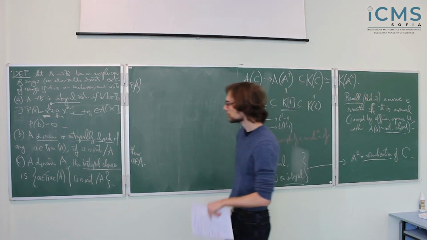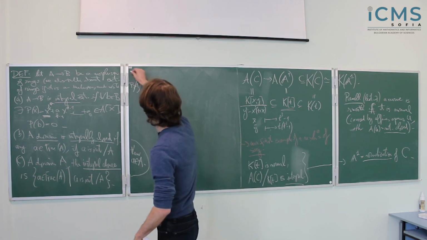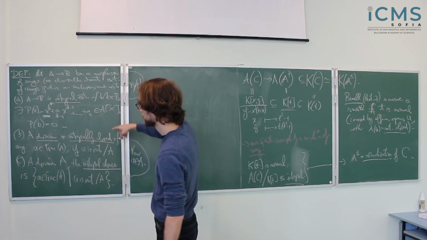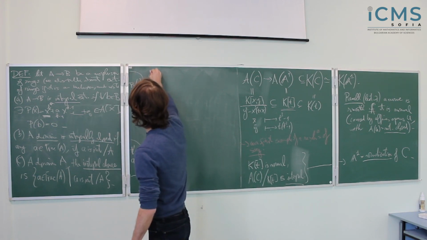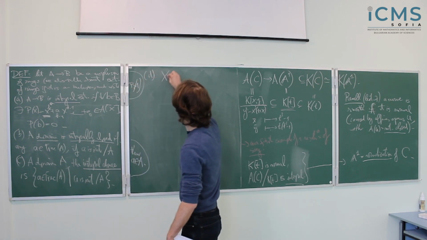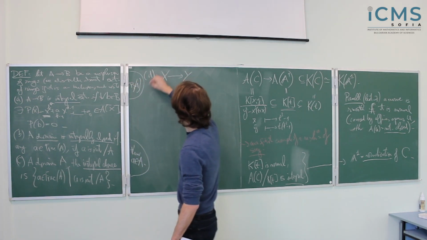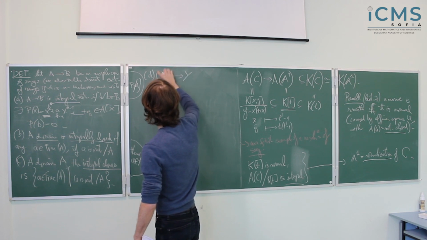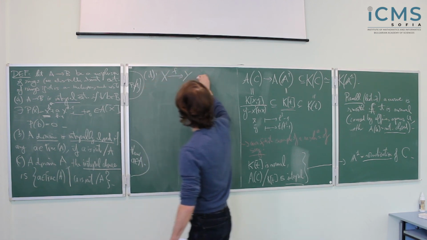Now this is the algebraic part. There is also the geometric one. Let f be a morphism between affine varieties.